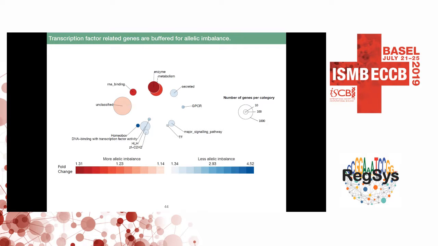Unclassified genes being the genes that are Drosophila specific, so highly evolving. And also in the blue categories, you can see that it's mainly transcription factor related, which makes sense because you expect those main regulators to be more sensitive to change in regulation, so maybe they're more buffered in allelic imbalance.